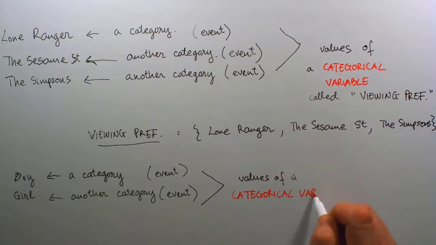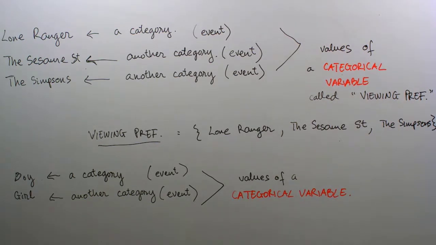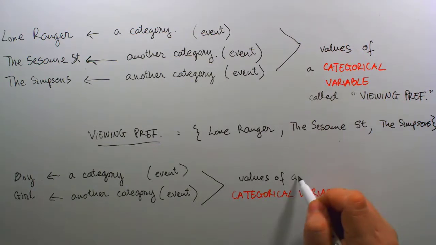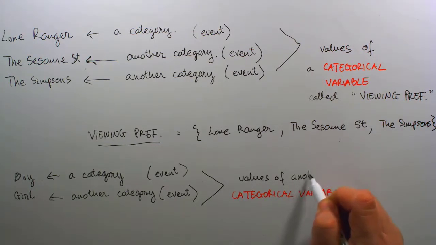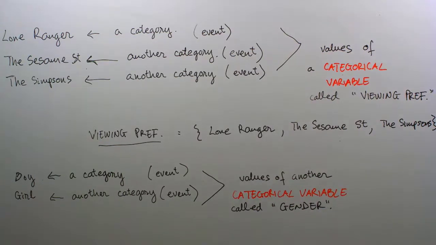So we actually have two different categorical variables involved in our table here. And this variable, let's name it gender, the gender of any child in our sample.